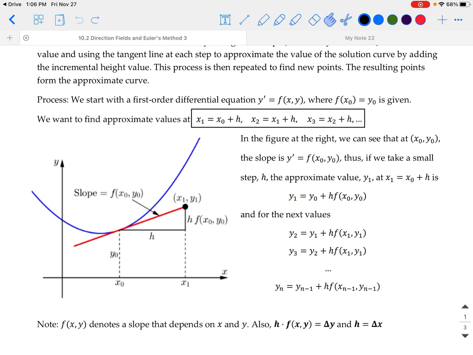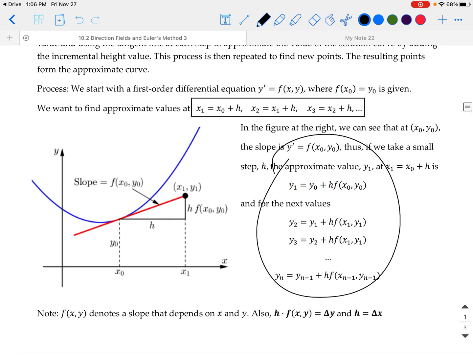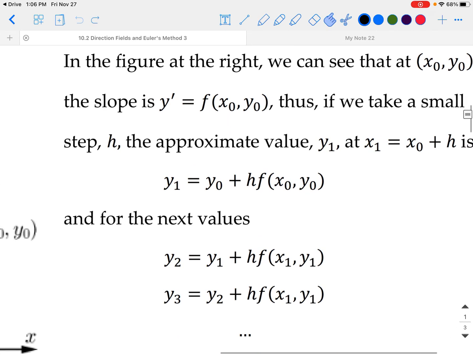Okay, so let's look at how we're going to work this through. And it shows you on the right-hand side what's happening. So essentially what we're going to do, if we zero in, is start at some value x naught, y naught. So we're going to have some initial condition.